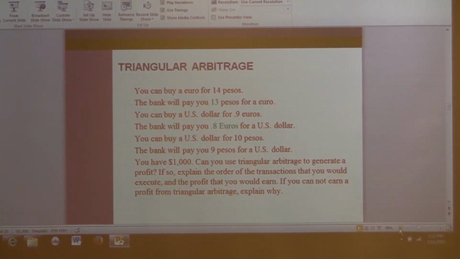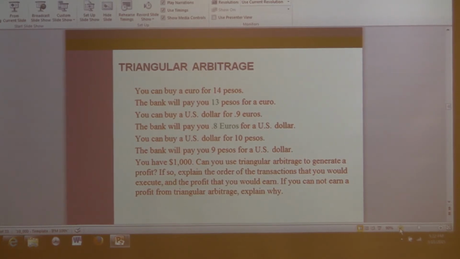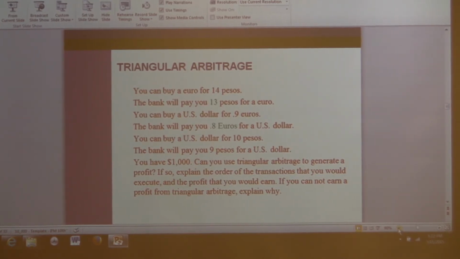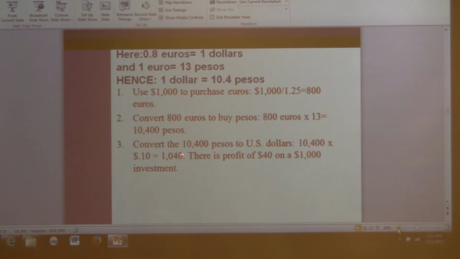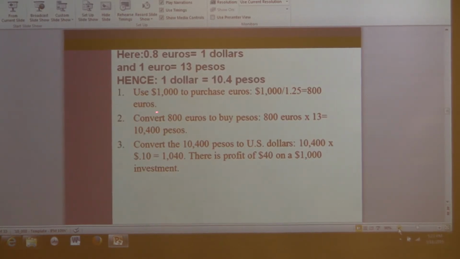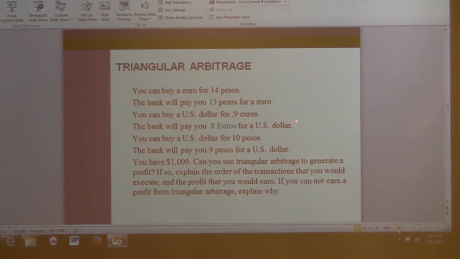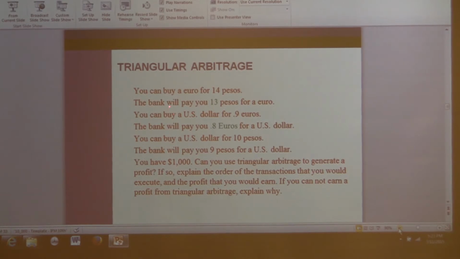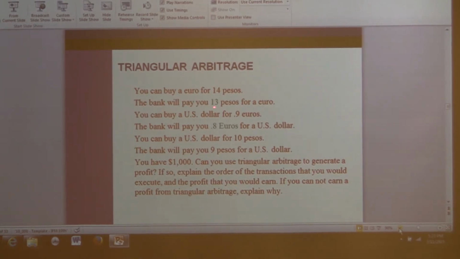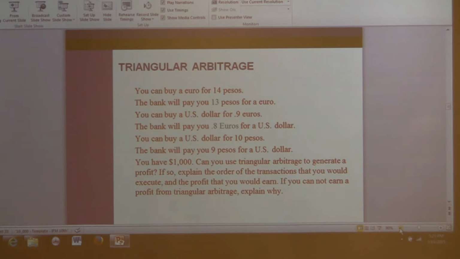So that's where I think it becomes a little bit confusing. What is the price you are paying and what is the price you are getting? So you want to purchase the euros, you get 800 euros, okay? Pesos, and it tells you that the bank will pay you 13 pesos per euro, okay?